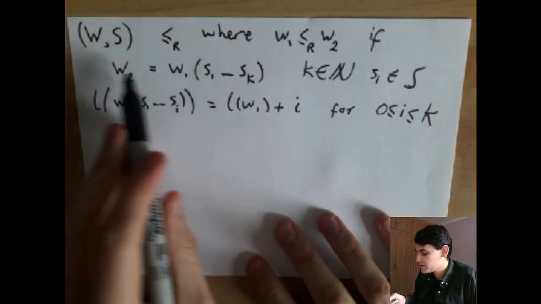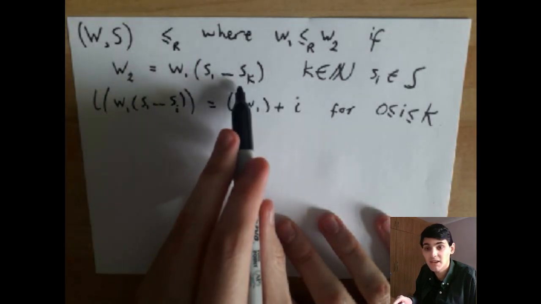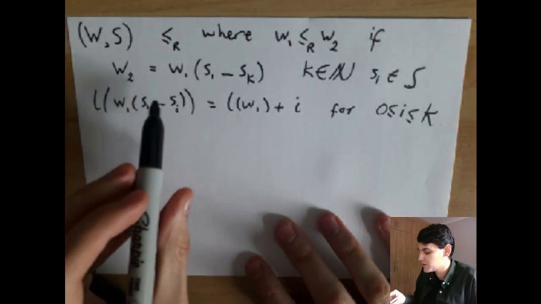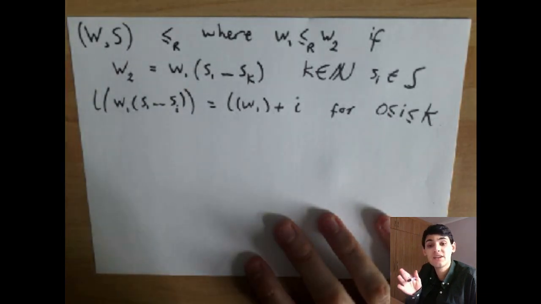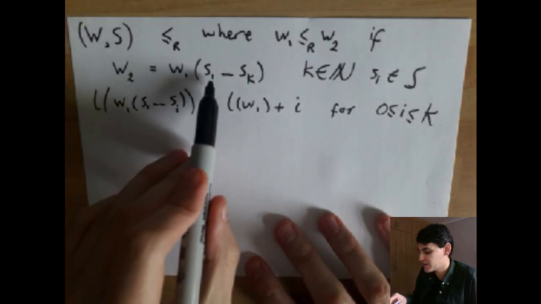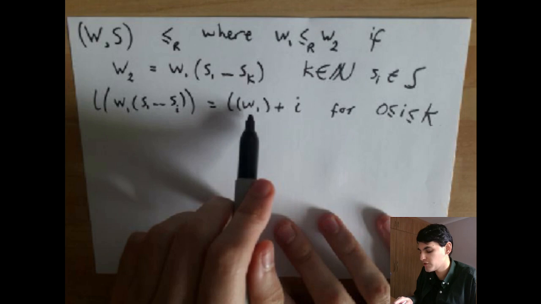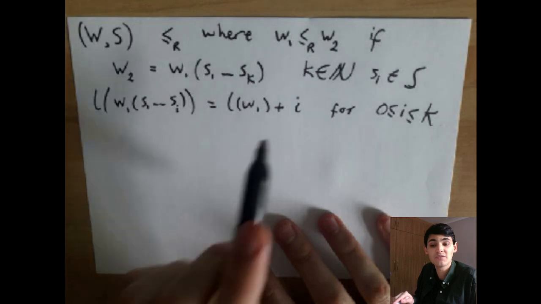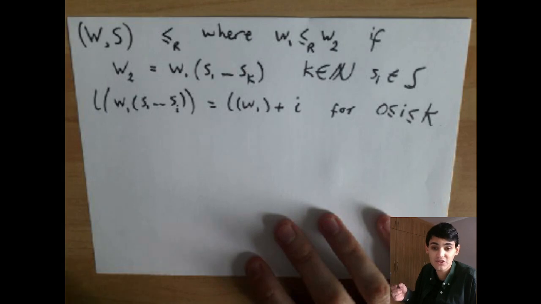Well, it's saying that if you can write W2 as W1 multiplied by some element, and you have the property that if you truncate this other element at each generator, at each SI, then the length of that is equal to the length of W1 plus the length of this thing, which, because it's made of generators, is I. So this is always a minimal decomposition.